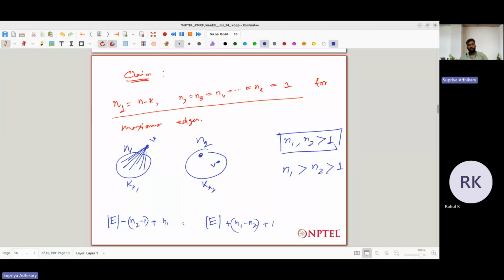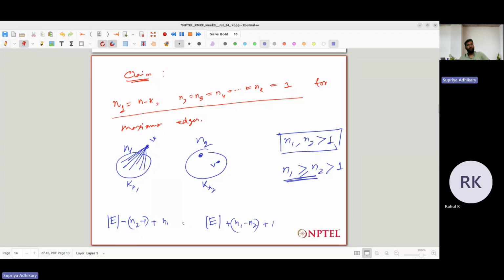And since we know that n1 is greater than or equal to n2, the number of edges in this newly formed graph is definitely greater than the number of edges that was there before.